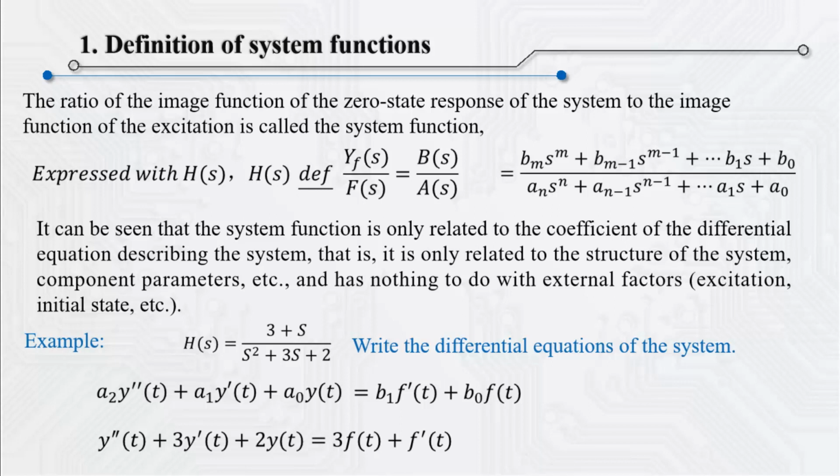According to the system function, it's easy to write out the form of the differential equation: a2 y''(t) plus a1 y'(t) plus a0 y(t) equals b1 f'(t) plus b0 f(t). From H(s), we can easily get the differential equation of the system: y''(t) plus 3 y'(t) plus 2 y(t) equals 3 f'(t) plus f(t). That is the definition of system functions.